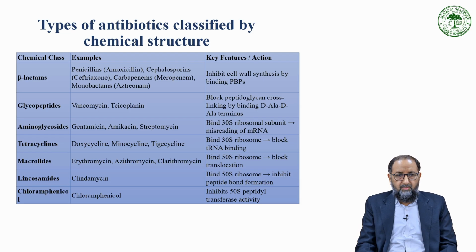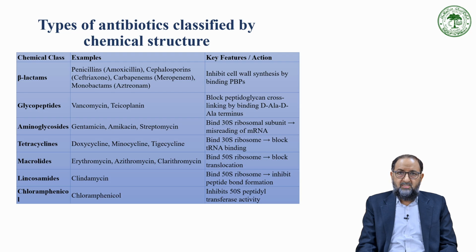Now, glycopeptides are vancomycin and teicoplanin. They block the peptidoglycan cross-linking by binding the D-alanyl-D-alanine terminus. And aminoglycosides: gentamicin, amikacin, streptomycin. They bind the 30S subunit of the ribosome.